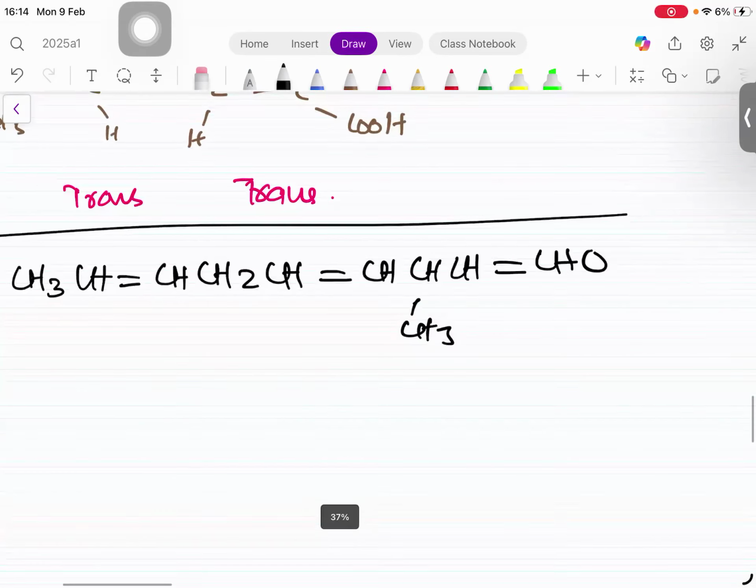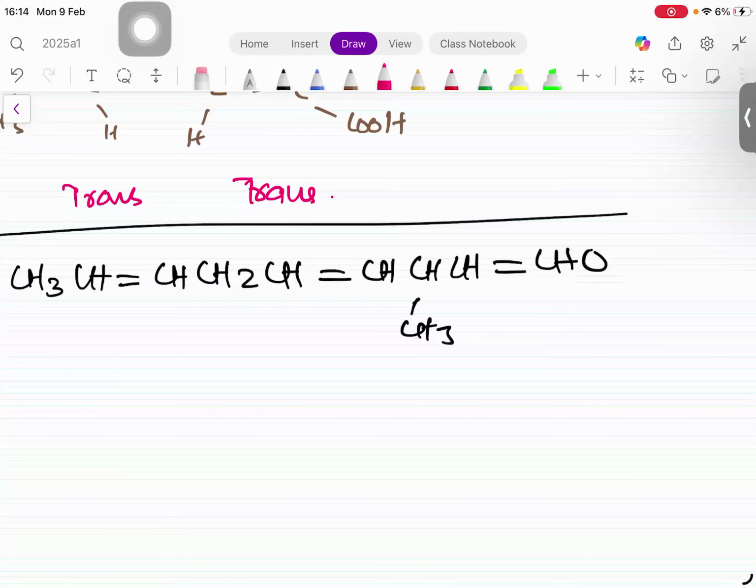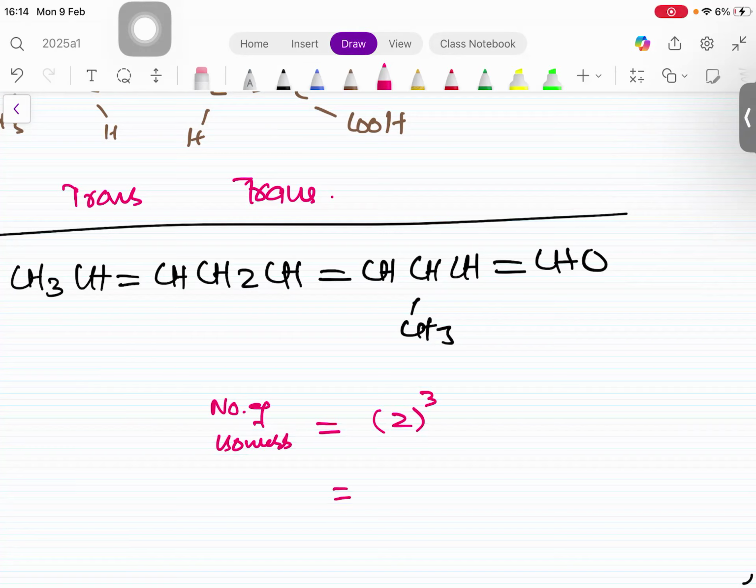If somebody asks us how many cis trans isomers for this, we use the formula. Number of isomers is equal to what? 2, the base will not change. And how many double bonds are in it? 3. So 2 raised to power 3 is how much? 8 isomers. And by the way, which 8 were they?